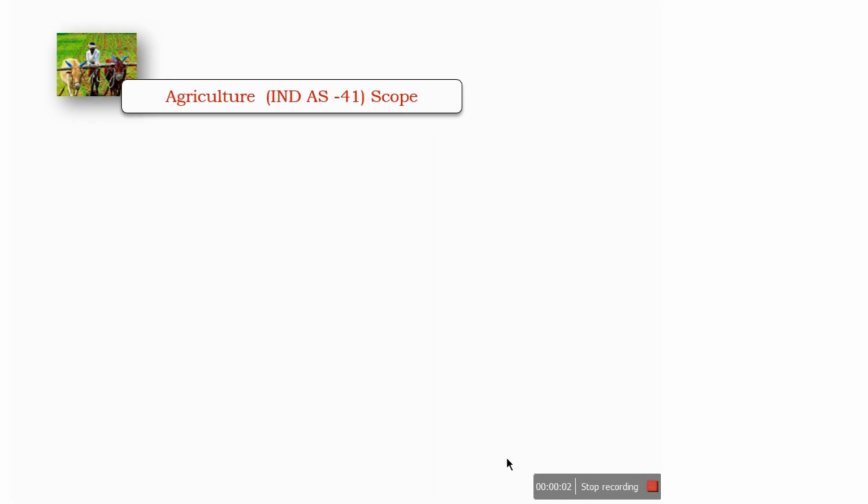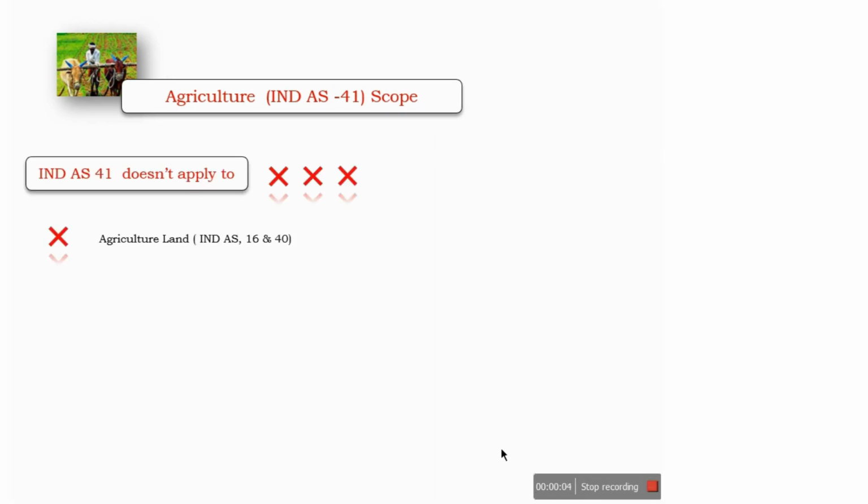IND AS 41 does not apply to agricultural land if it is covered under the property, plant and equipment category under IND AS 16, or if it is classified as investment property, then IND AS 40 will apply on this. IND AS 41 will not apply on it. And in case of bearer plant, IND AS 41 will not apply, IND AS 16 will apply.